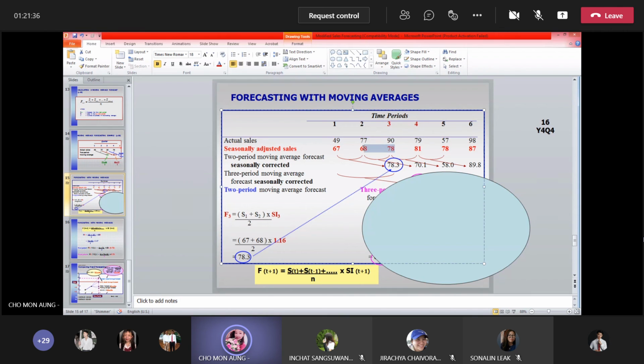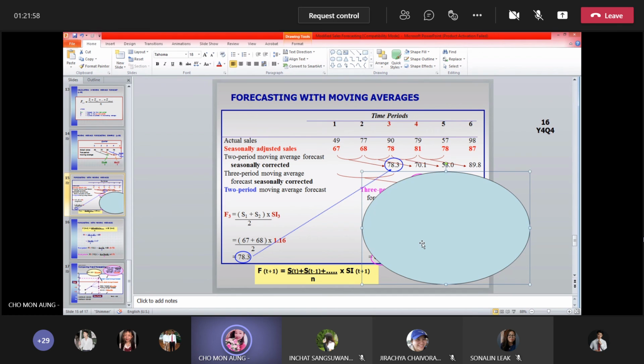So we will be using these two numbers. We divide by 2, multiply by seasonal index of quarter 4, right? So seasonal index of quarter 4 is supposed to be 0.97. So we get 70.1. So this is only for 2-period moving averages.